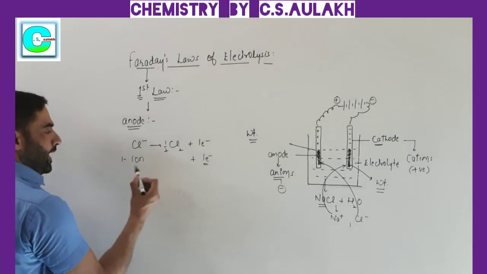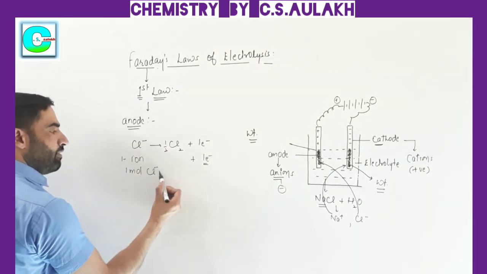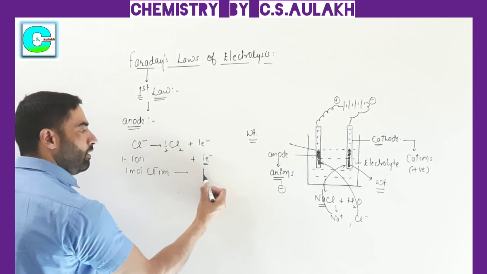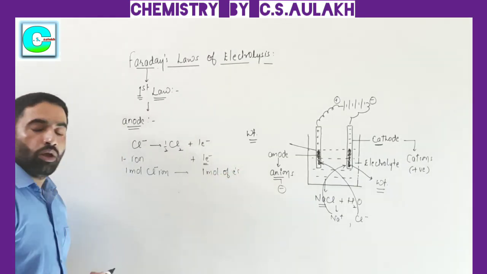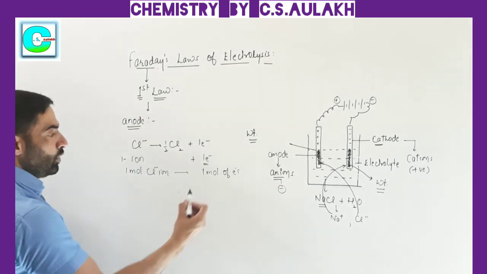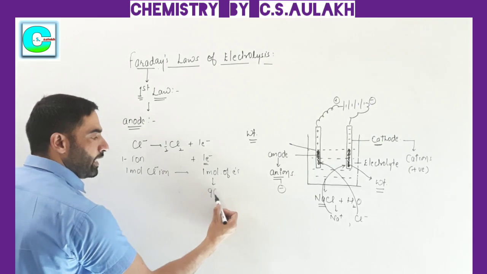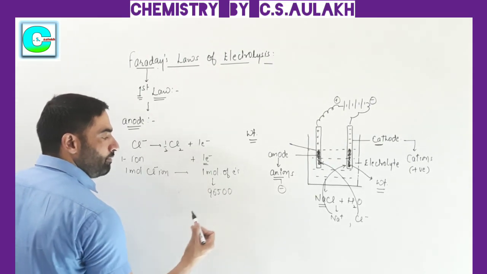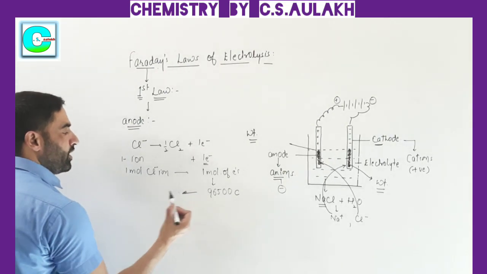So further we can say if we have 1 mole of Cl negative ions, they will lose 1 mole of electrons. Further, the charge carried by 1 mole of electrons we have already calculated, 96500 coulomb, which is also called 1 Faraday.